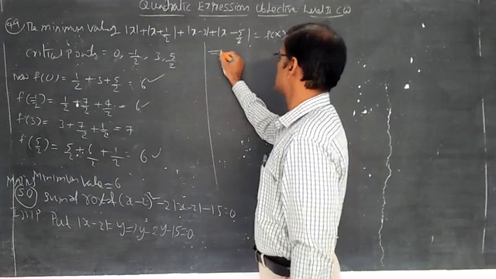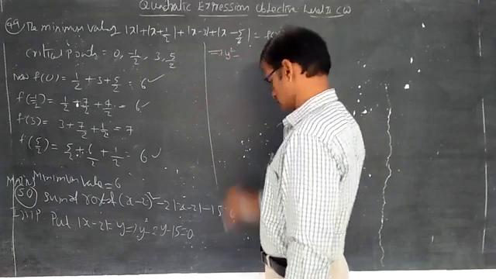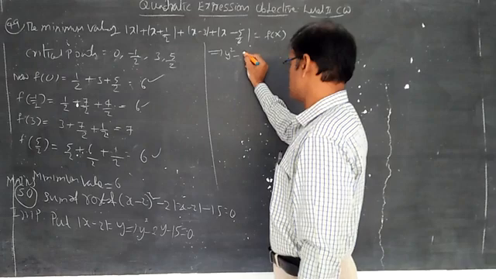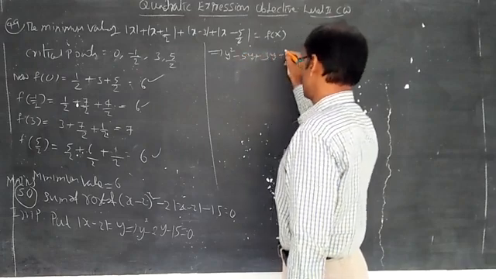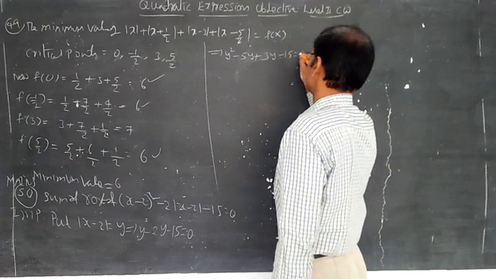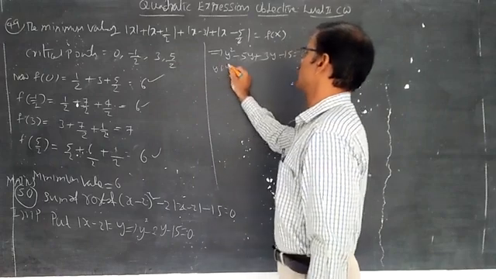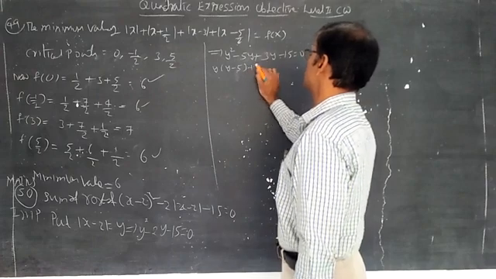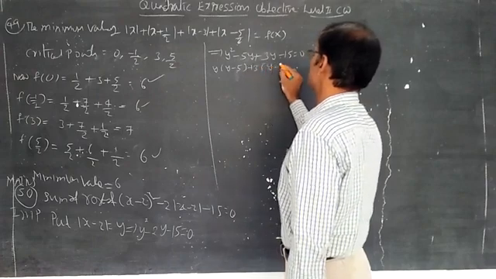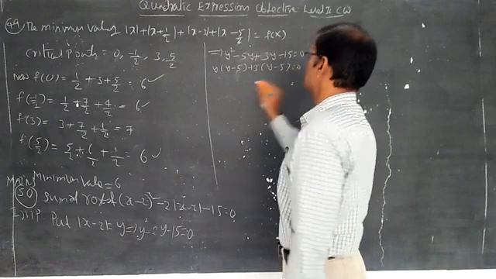Let us consider the factors. y square minus 5y plus 3y minus 15 is equal to 0. Taking common, y minus 5 plus 3 into y minus 5 equal to 0.